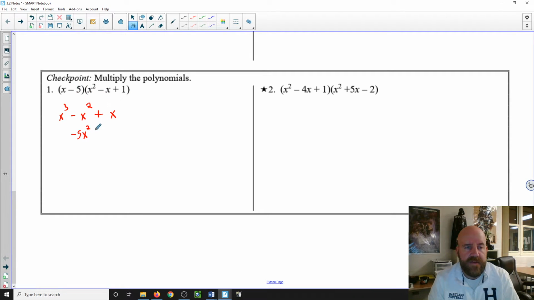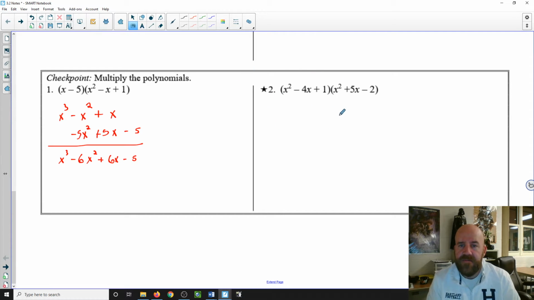And then negative 5 times negative x would be positive 5x, and negative 5. So we get x cubed minus 6x squared plus 6x minus 5.